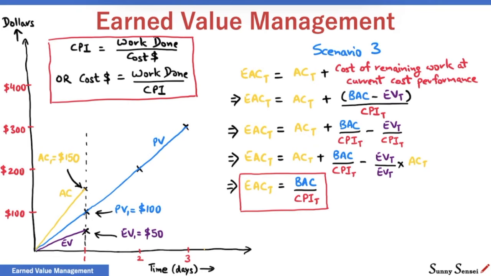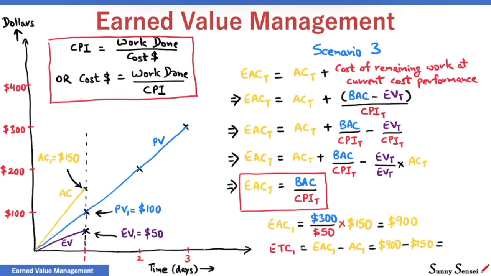For our project, EAC at the end of day 1 is $900. ETC at the end of day 1 is $750. This value is equivalent to the cost of remaining work.